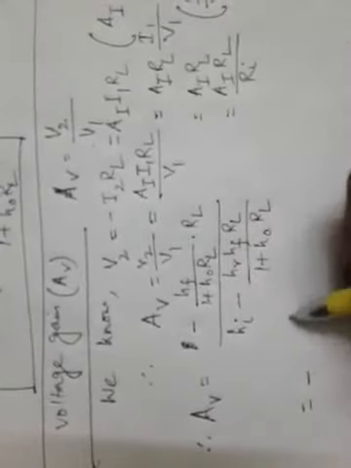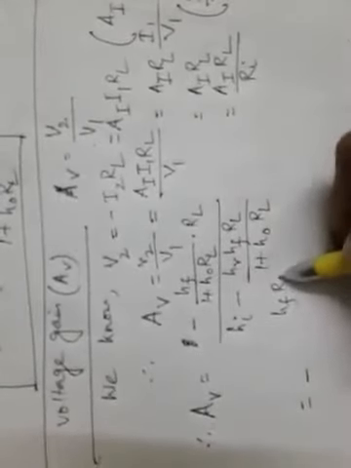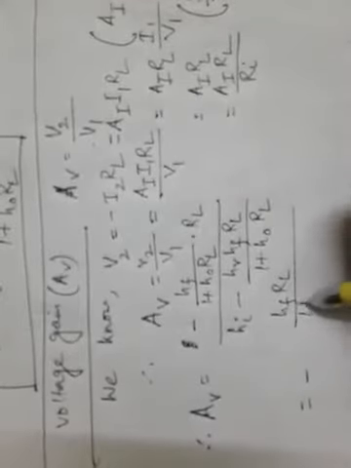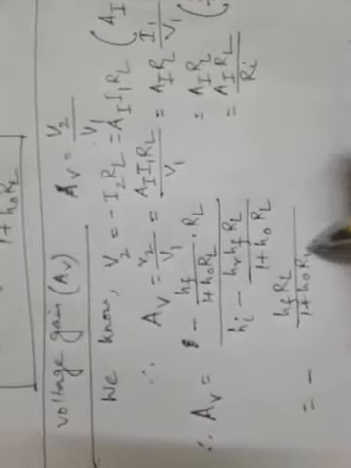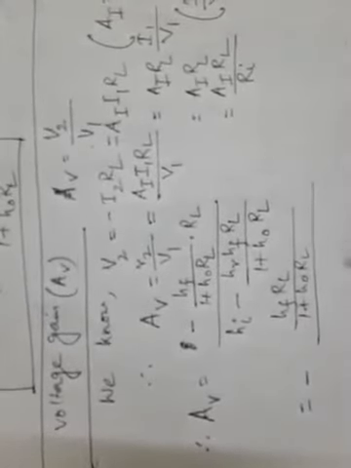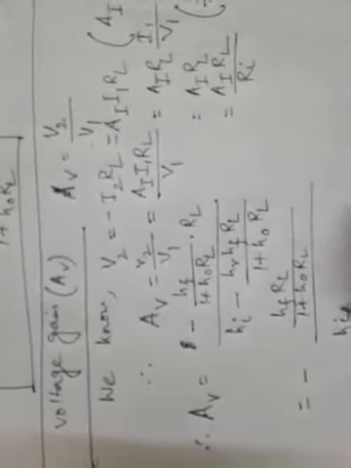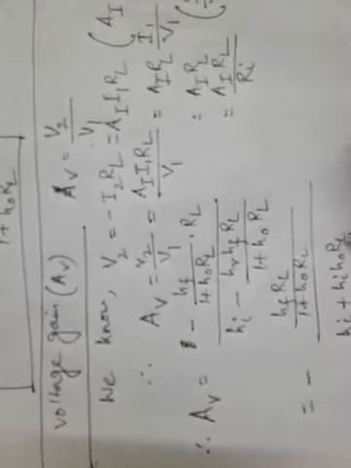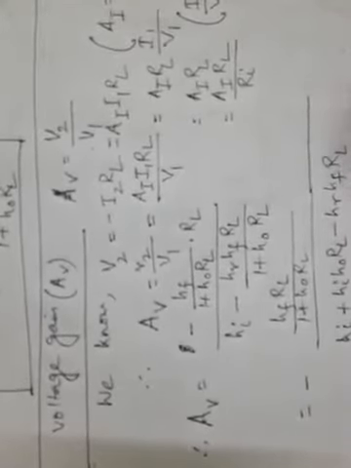Minus outside, in this case it is Hf RL divided by 1 plus Ho RL, and in the denominator 1 plus Ho RL, and this can be written as Hi plus Hi Ho RL minus Hr Hf RL.